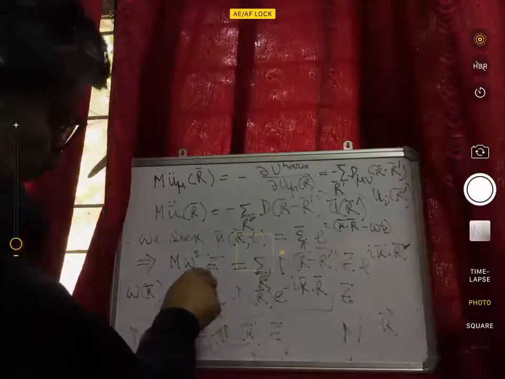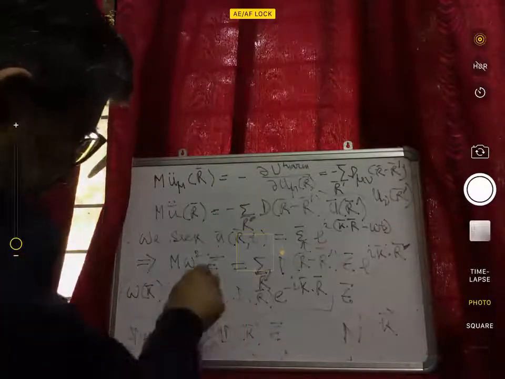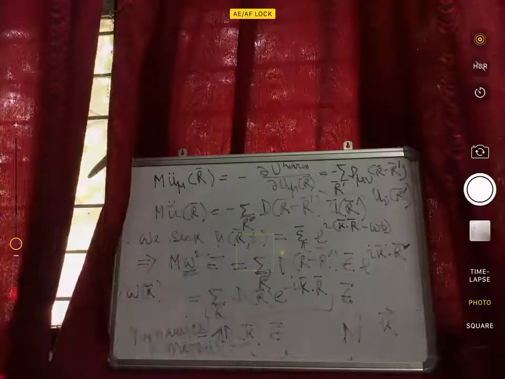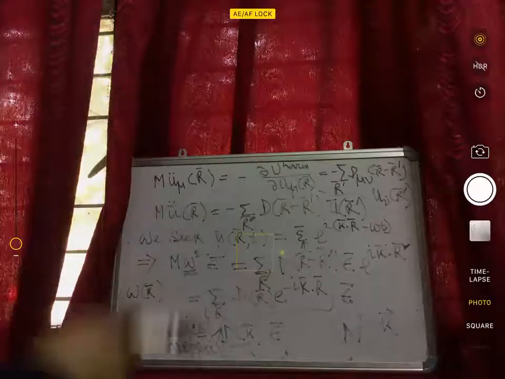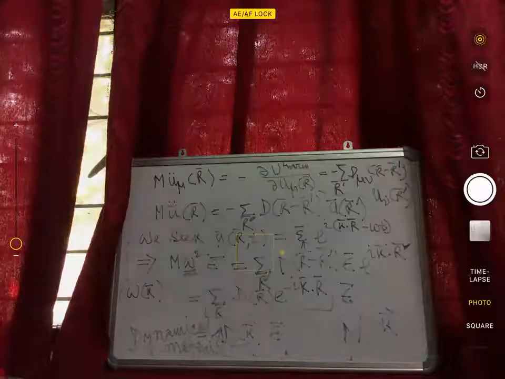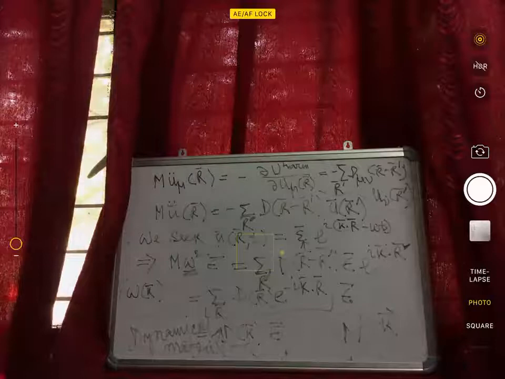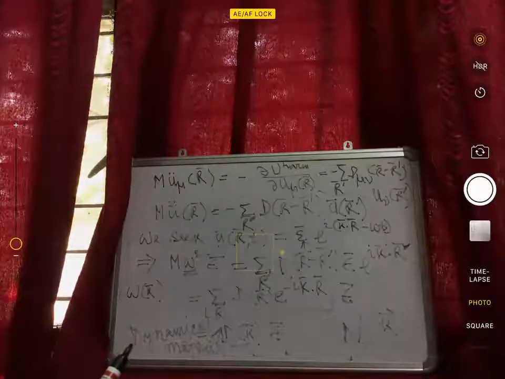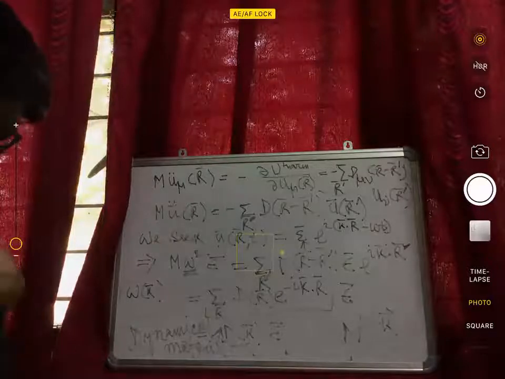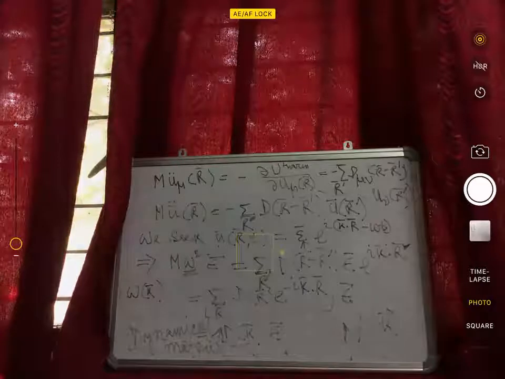And these 3 vectors at each k, if I remember correctly, are called polarization vectors. These give you the directions of vibrations of the normal mode. So that's about the nomenclature.